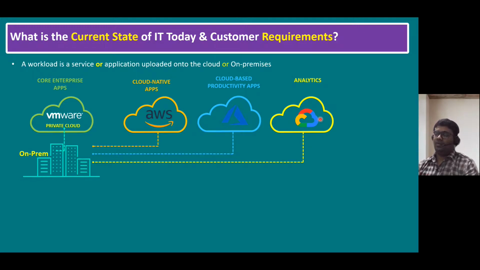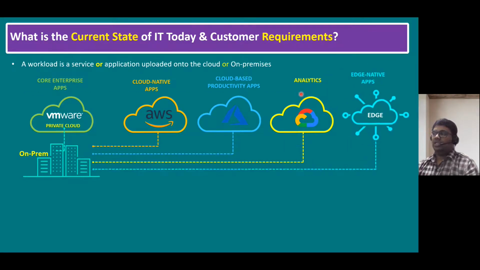So on Google Cloud Platform we can run all our production analytics applications. And if customers have remote locations or edge locations, they can run edge native applications specifically on edge sites. This is common from organization to organization.